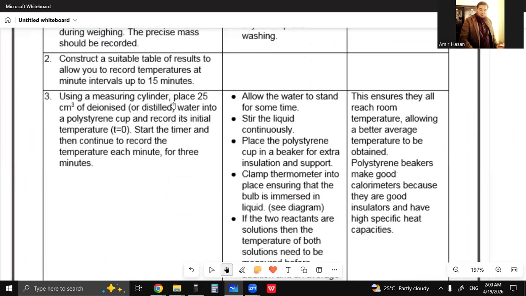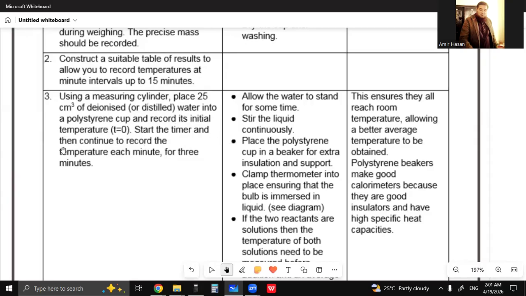Then, using a measuring cylinder, place 25 cubic centimeters of deionized or distilled water into the polystyrene cup and record the initial temperature of the solution before starting.